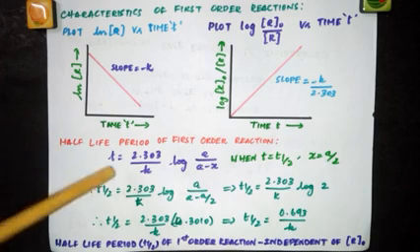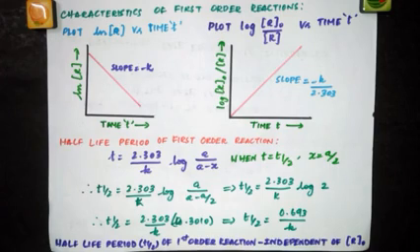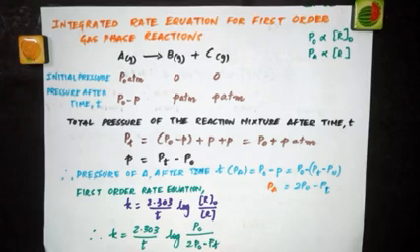We have derived the integrated rate equation of a first order reaction. Now we are going to find out the integrated rate equation for the first order reaction for gas phase reactions. When the reaction is carried out in gaseous phase, we have a different integrated rate equation for the same first order reactions.